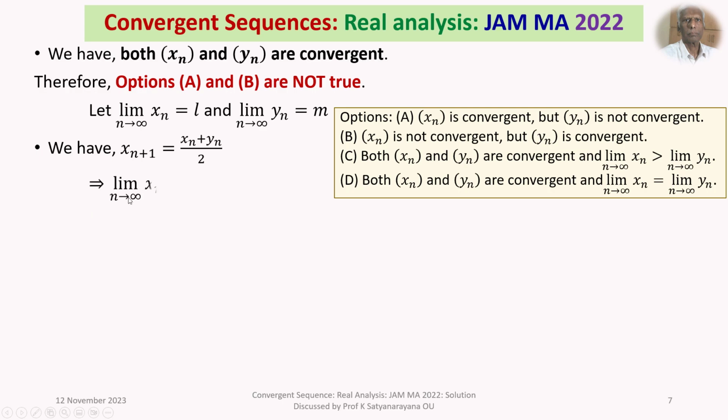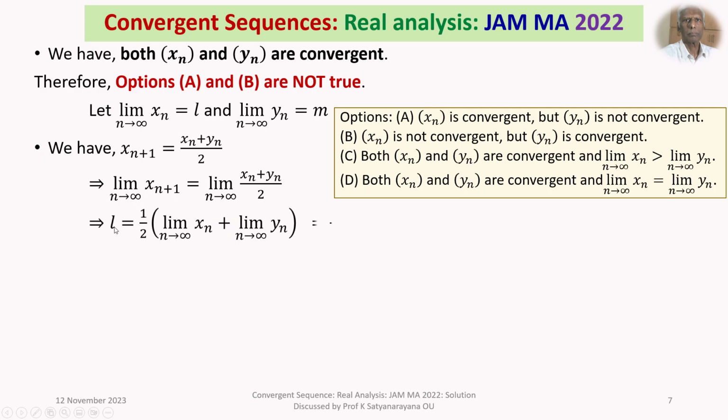The limit of x(n+1) equals the limit of (xn + yn)/2, and the limit of the sum is the sum of the limits. So L = 1/2 (L + M). That will imply L = M.